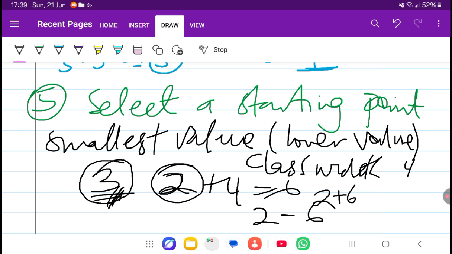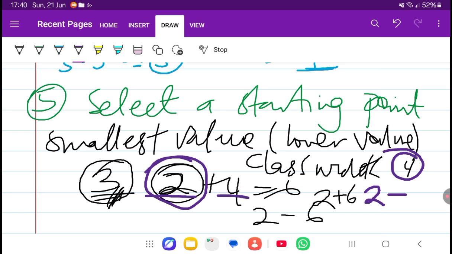If my convenient number was a 2, then that 2 will be my starting point. If my class width is 4, I add the class width of 4 to 2. Whatever I get becomes my upper class limit for that class, which is a 6. So that's step number 5.